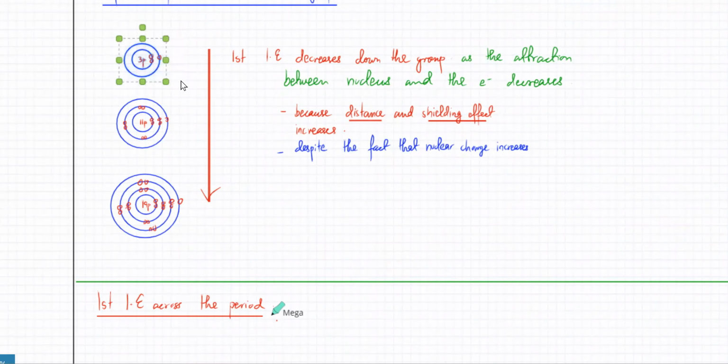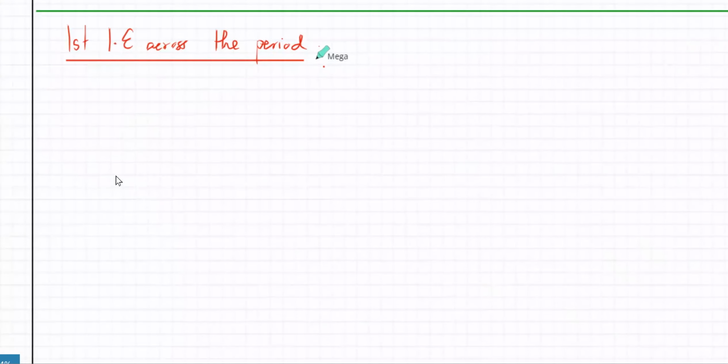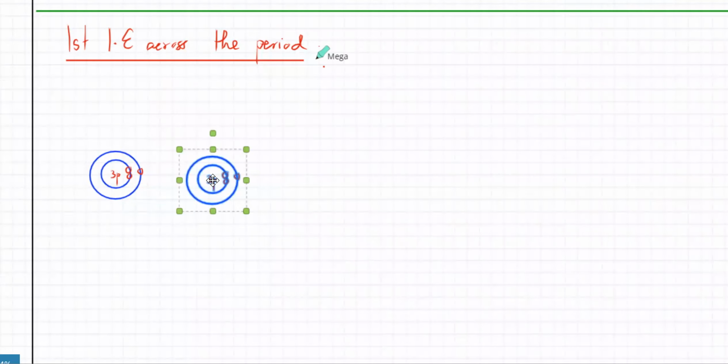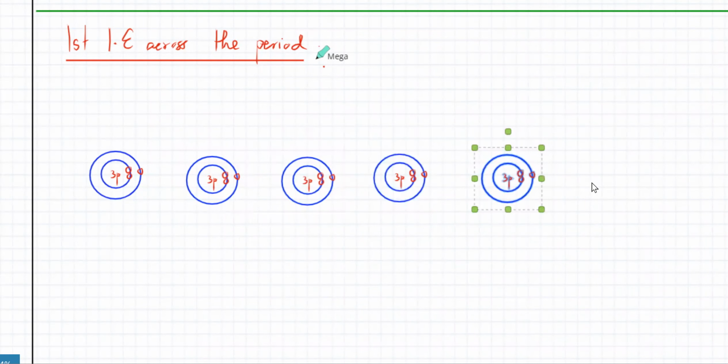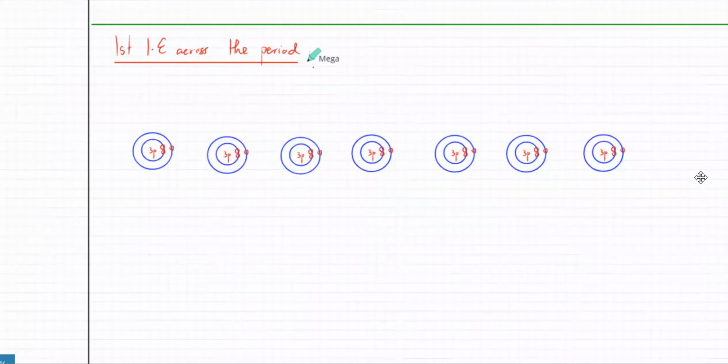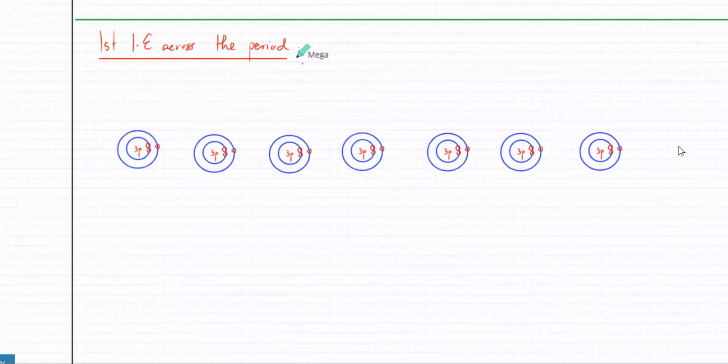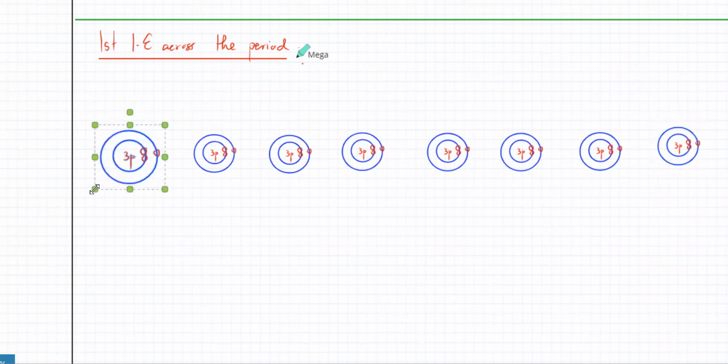Period 2 elements only have 2 shells. So let me draw all of them very quickly. That's lithium and beryllium, boron, after boron you'll have carbon, then nitrogen, oxygen, fluorine, and the last one would be neon. This is how the size of the atoms looks, they all have 2 shells.